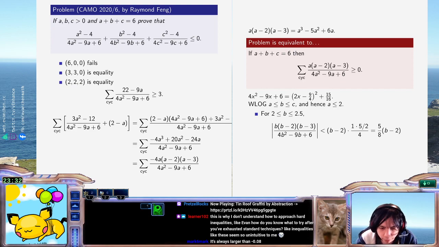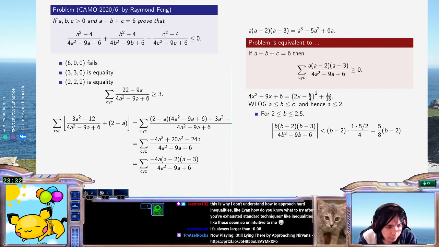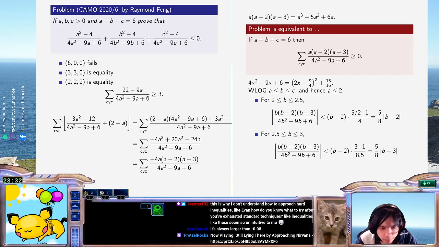But then the bottom is like 25 plus 6 minus 22.5, so like 8.5 or something like that. Then b minus 3. Ah, frick. Maybe I shouldn't have picked the midpoint.